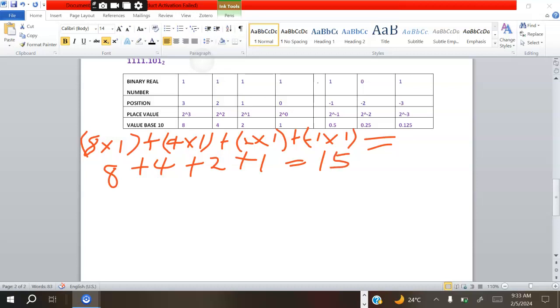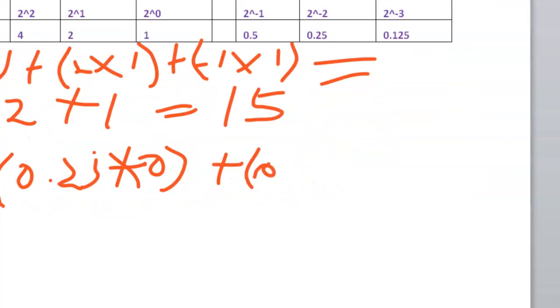Okay, let's move now to the fractional part, which is 0.5 multiplied by 1 plus 0.25 multiplied by 0 plus 0.125 multiplied by 1.